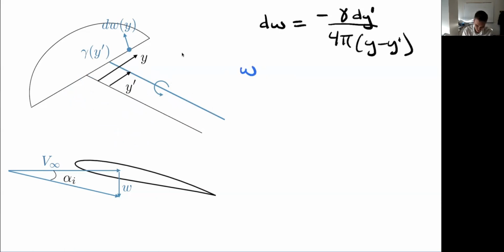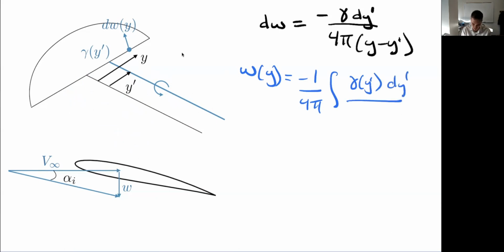So the induced velocity as a function of y is then, pulling the 1 over 4 pi out of the integral, the integral across the wing of gamma prime, which I'm just going to write explicitly as a function of y prime. That's not a multiply, that's just a function, divided by y minus y prime. And I integrate along the wing, so that's from minus b over 2 to b over 2. Remember, b is the variable that's used for span.